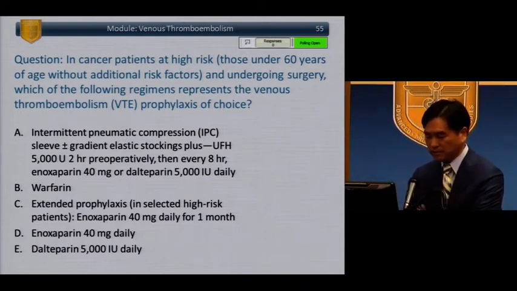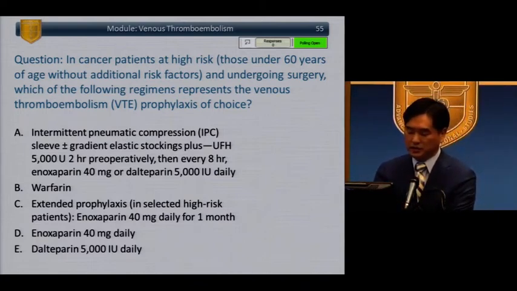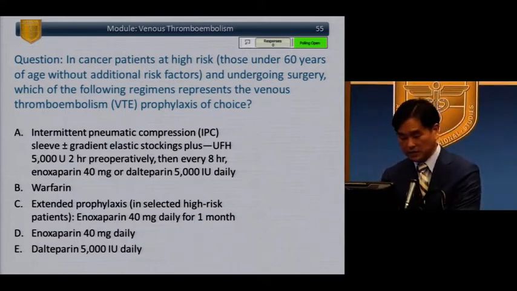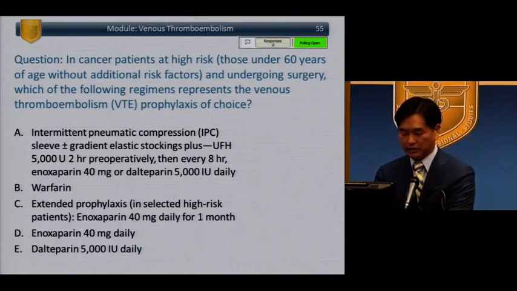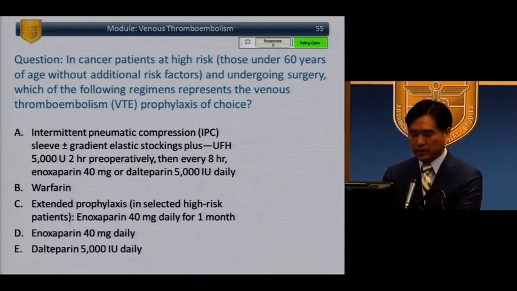A, intermittent pneumatic compression, IPC, sleeves, plus gradient elastic stockings, plus unfractionated heparin, 5,000 units, 2 hours pre-op, then every 8 hours. Enoxaparin, 40 milligrams, or dalteparin, 5,000 international units daily. B, warfarin.